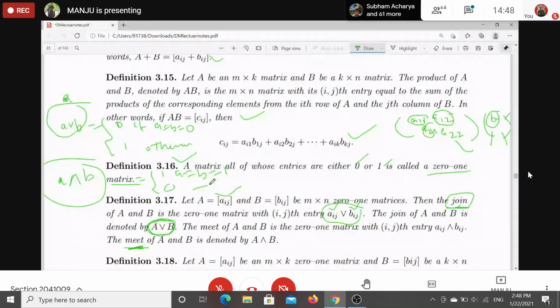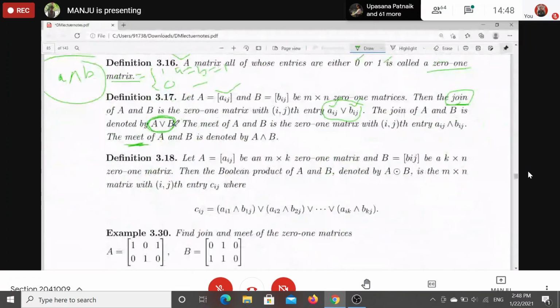Clear? So the join of 1 and 1 will be 1, 0 and 1 will be 1, and 1 and 0 will be 1. For 0 and 0, the join will give you 0. And for meet, only if you have 1, 1 will you get 1, otherwise 0.